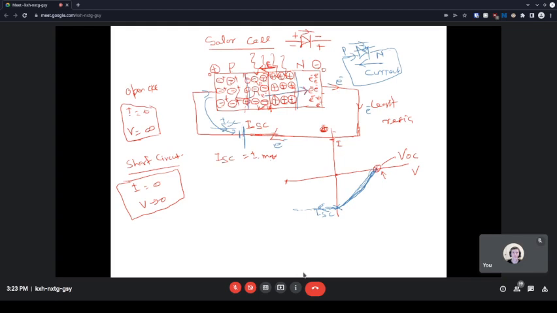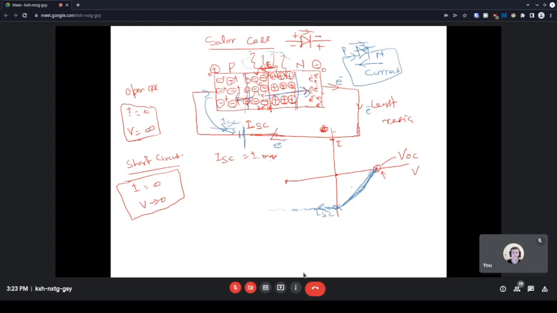The reason is that currents are generated based on how many electrons go from here to there and how many holes go back to here. That number is fixed by it. So whatever negative potentials you apply, your currents are going to remain the same and will not change.